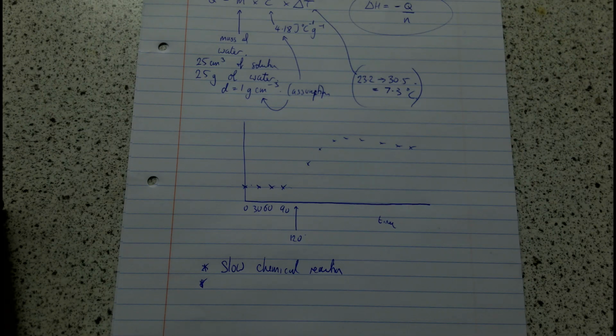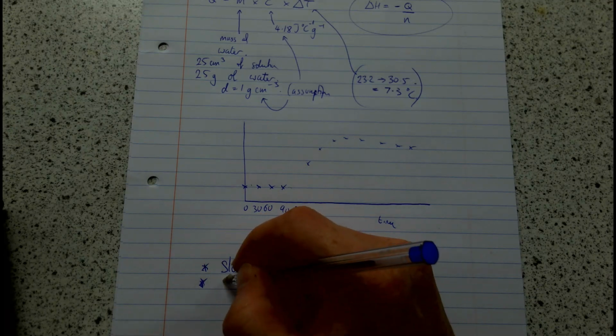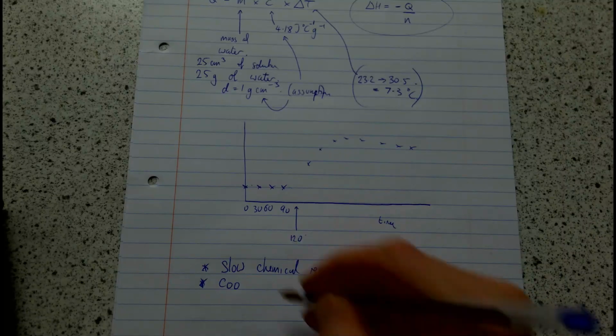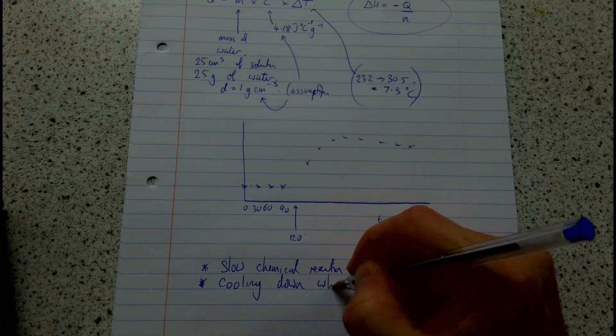In fact, the rate of cooling is proportional to the difference in temperature between the solution and the surroundings. Newton's law of cooling. The point I'm trying to make here is that the reaction is cooling down while it's getting hotter, in a way. Cooling down while the reaction is taking place.